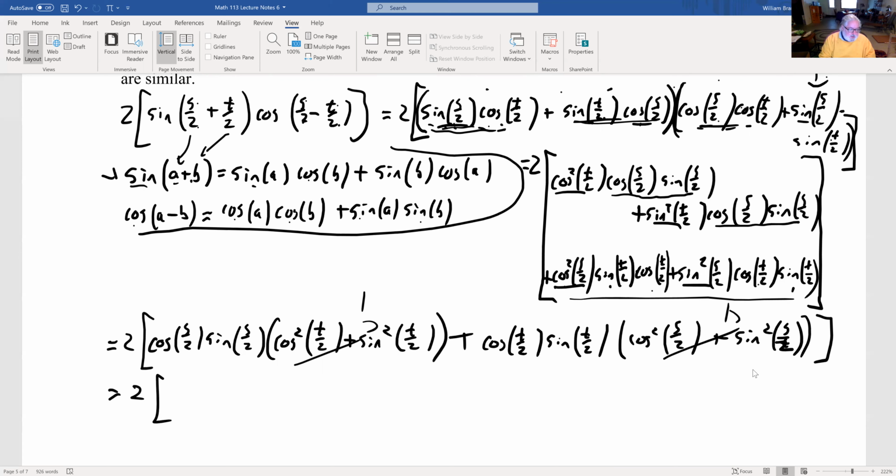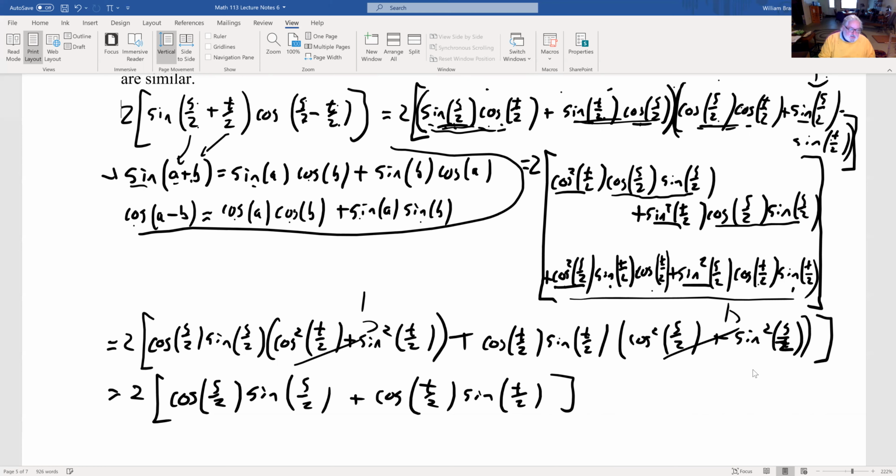So we have 2 times cosine s over 2 sine of s over 2 plus cosine t over 2 sine t over 2. And if you ever see cosine times sine, remember that 2 cosine of a, sine of a is equal to sine of 2a.